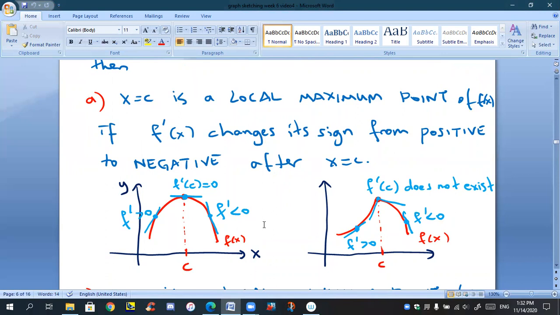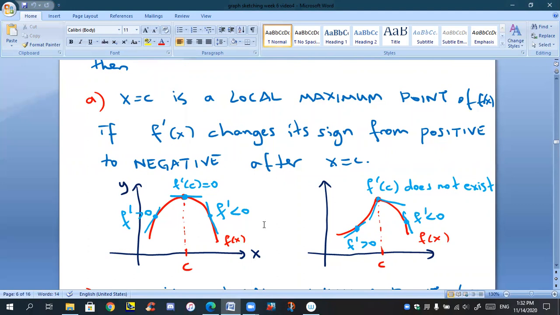Look at the graphs. In both pictures, before c, f prime must be positive. Why? Because f is increasing. In both pictures, look at the picture, f is increasing, so f prime must be positive before. And in both pictures, if you look at the graph, after c the function is decreasing.